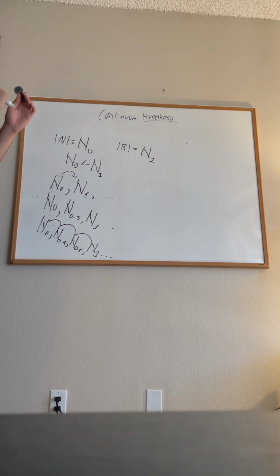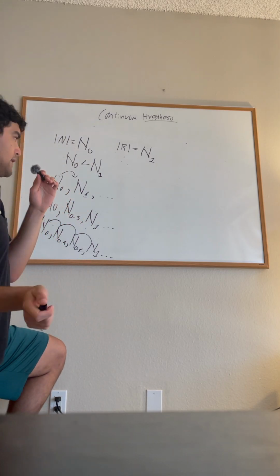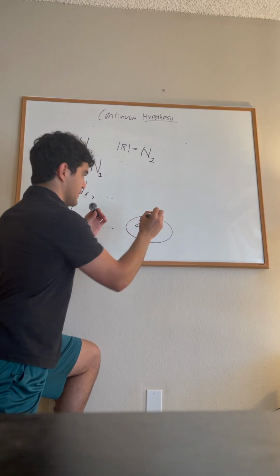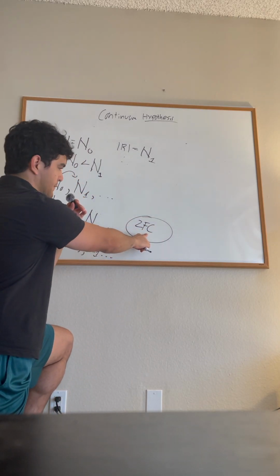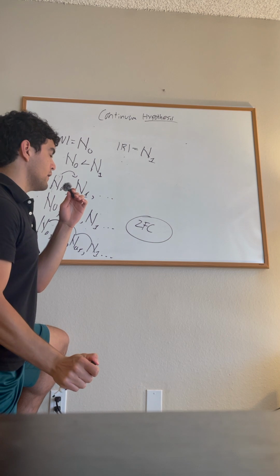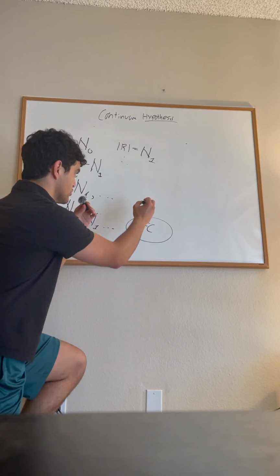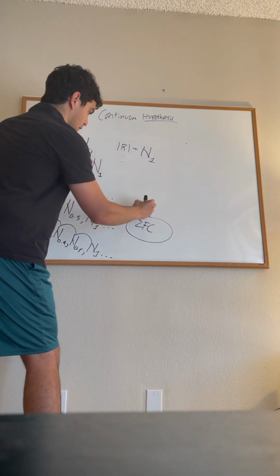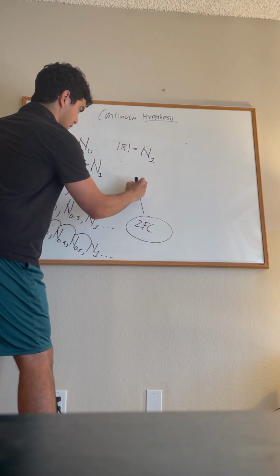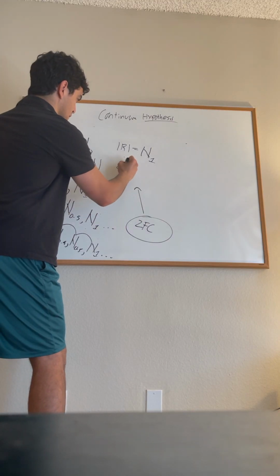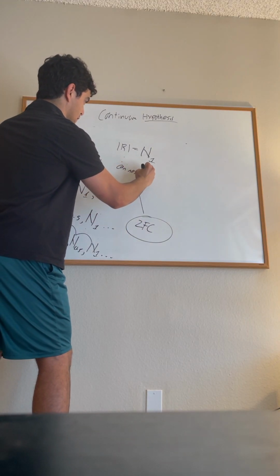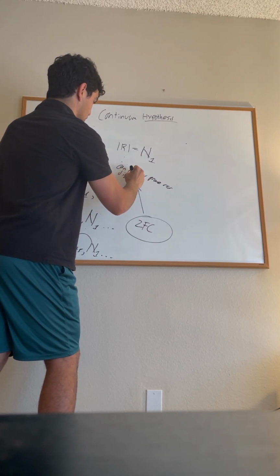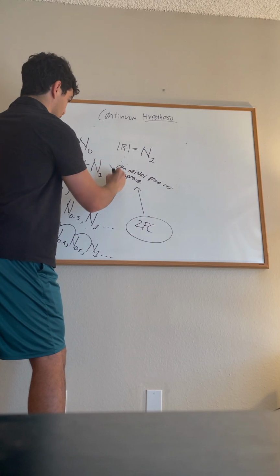If we look at the set theory axioms, called ZFC, Zermelo-Fraenkel and then the axiom of choice, which is just an axiom of set theory, it's been proven that these axioms can neither prove nor disprove this.